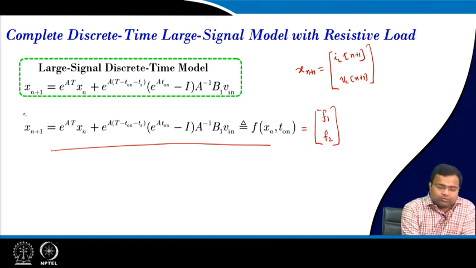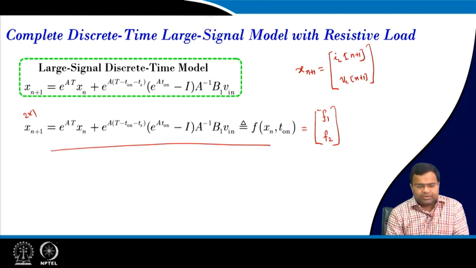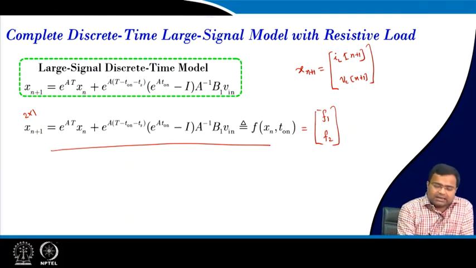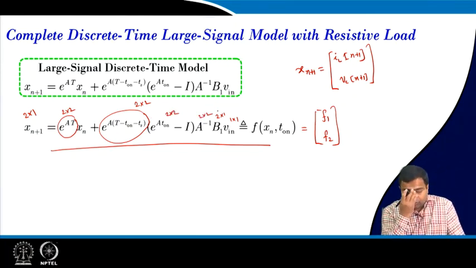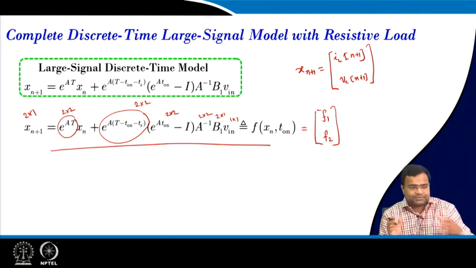So, this will be a 2 cross 1 matrix, because there are only 2 states, and you will find this matrix will be 2 cross 2, again this will be a 2 cross 2 matrix, and B matrix is 2 cross 1, input is 1 cross 1, and this whole term again 2 cross 2, this will also be 2 cross 2. So, we will use this vector function to derive the discrete time small signal model in a subsequent lecture.